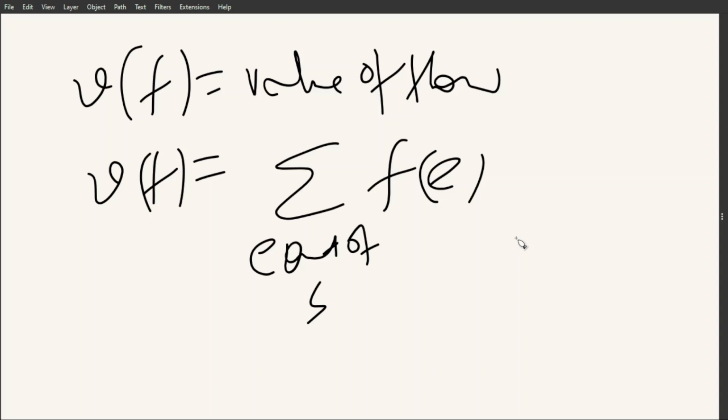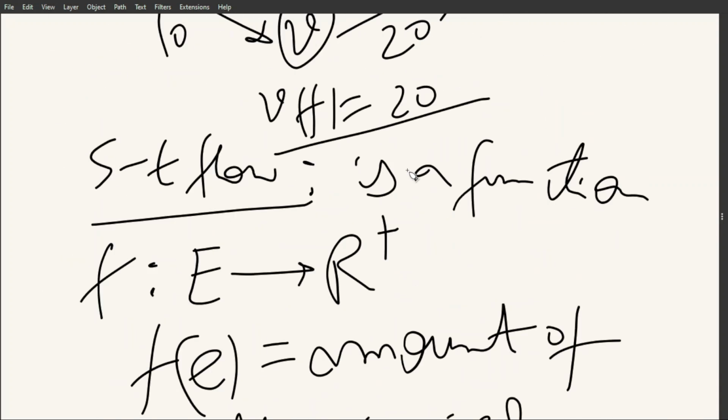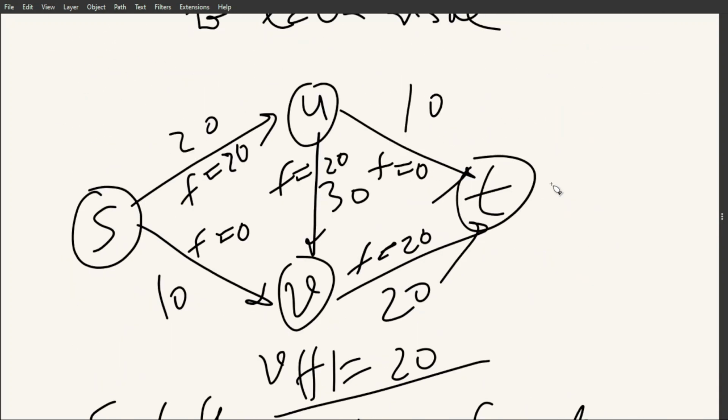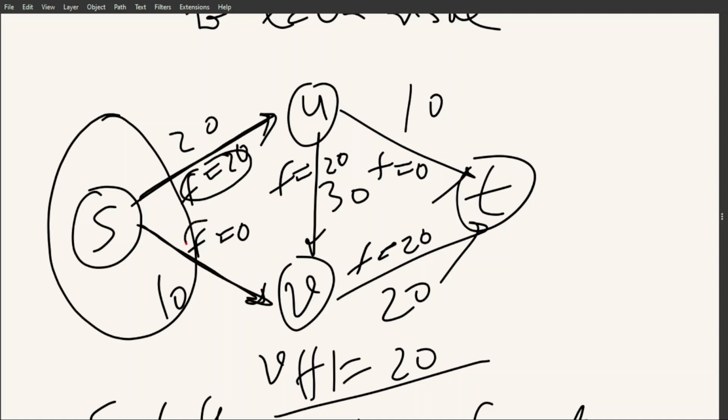Just make a boundary around S, see outgoing edges, compute the flow, add them, we get 20.